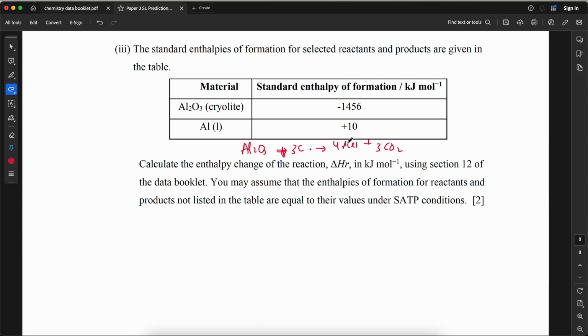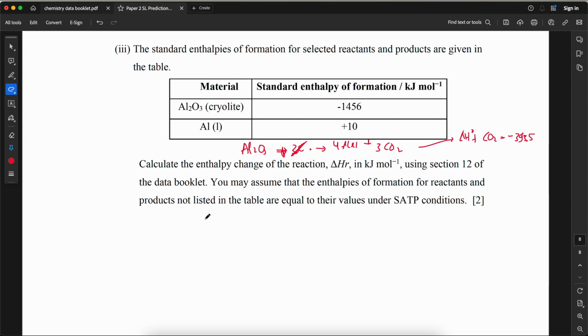So Al is known, C is the free element, so there won't be enthalpy of formation. And for CO2, you can check on the data booklet section 12, which is delta HF CO2 is negative 393.5.